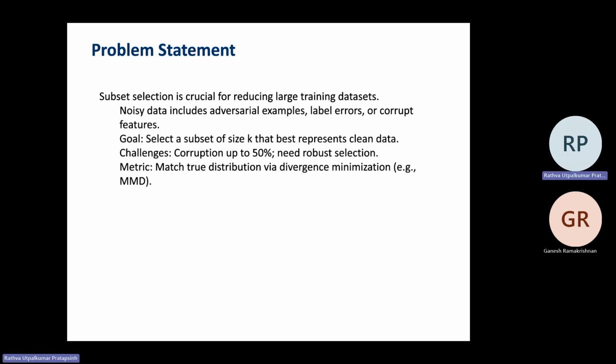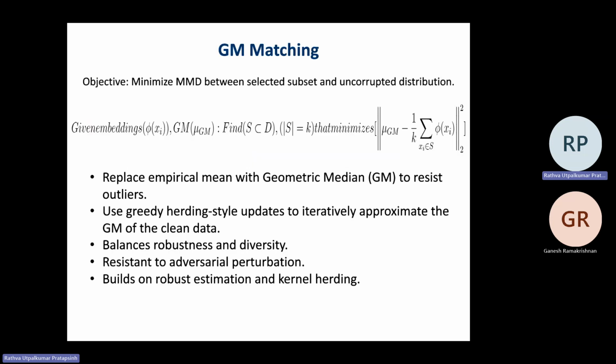Okay. So imagine we have a large data set and we want to select a small subset that still captures the essence of the full data. GM matching does this by minimizing a measure called MMD, which is maximum mean discrepancy, which quantifies how different two distributions are in high dimensional space.